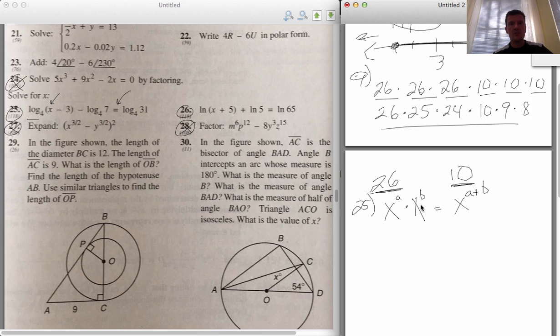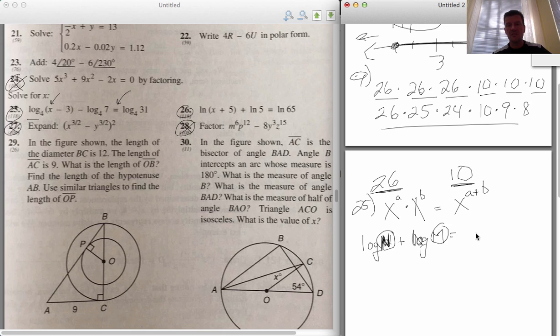Okay? So if you're adding exponents, if you have the log of n, let's use n for number, plus the log of m, if they're in the same base, base 10, when you add logs like that, you can multiply the arguments.